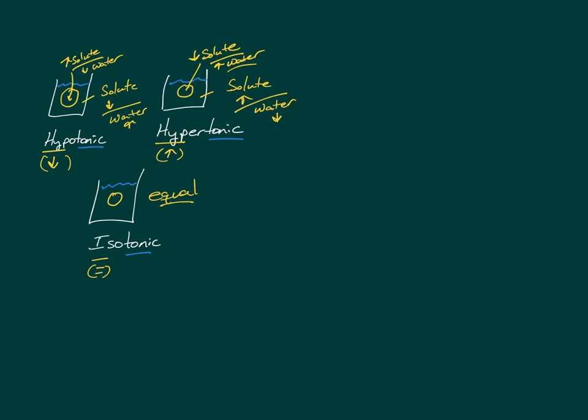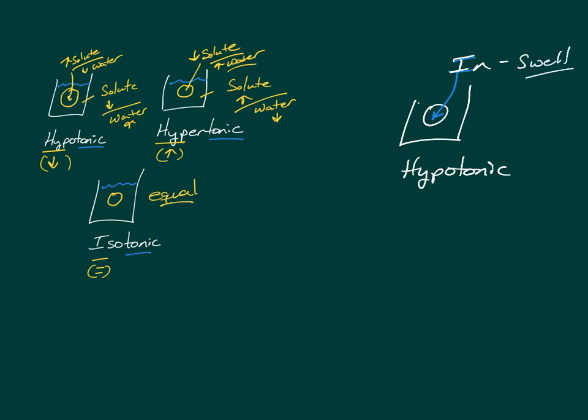Just by knowing that it's hypotonic, if I tell you that something's hypotonic, then hopefully you automatically know that water is going to go where? From outside to in. So if water's going in, then you know it's going to swell. And that's it.